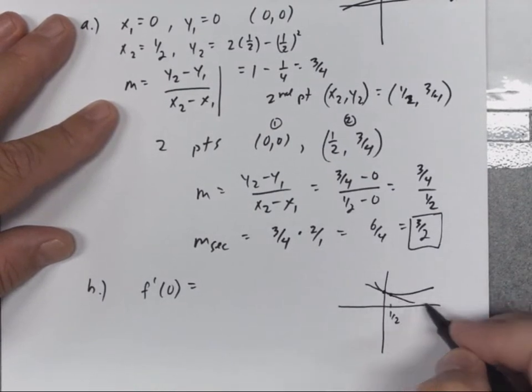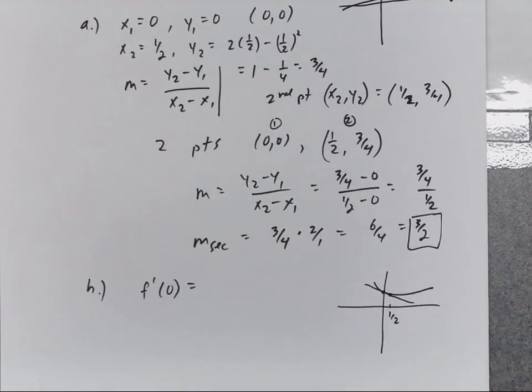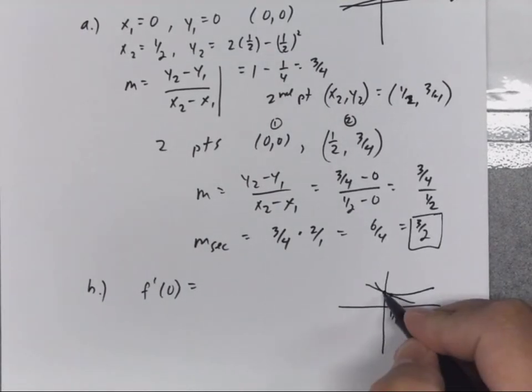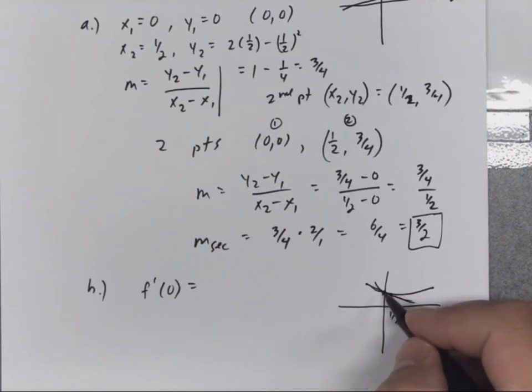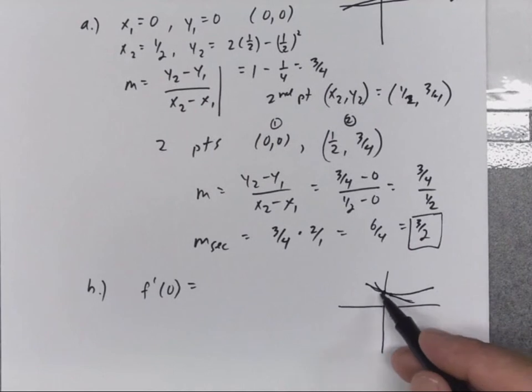And they found the slope of this line. And now what they're telling us to do is just go at x equals 0, and by using calculus and taking the derivative, go ahead and find the slope of this tangent line. And then let's see how close these 2 slopes are. They should be pretty close.